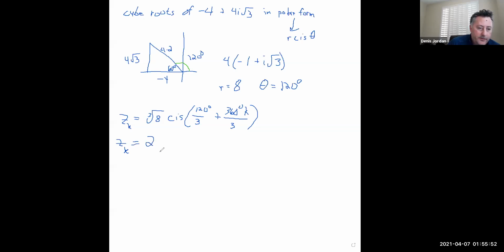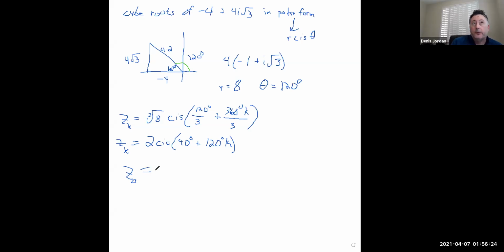The cube root of 8 is just 2. And then CIS of 40 degrees plus 120K. So now you can start to get the roots.